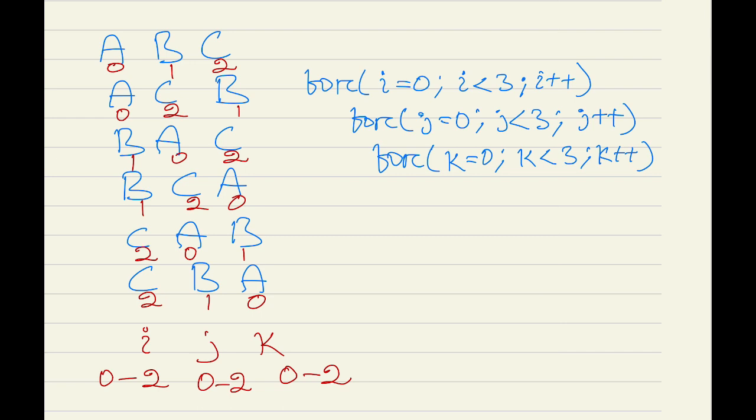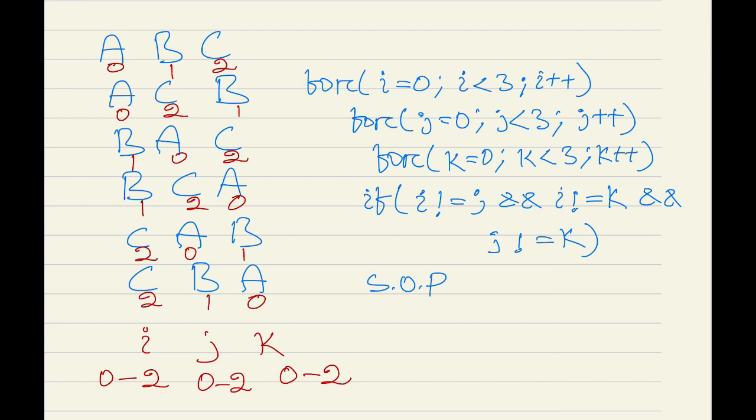So for this we can write, if i not equal to j and i not equal to k and j not equal to k, that means when these values of i, j, k are distinct, simply print AR of i plus AR of j plus AR of k.